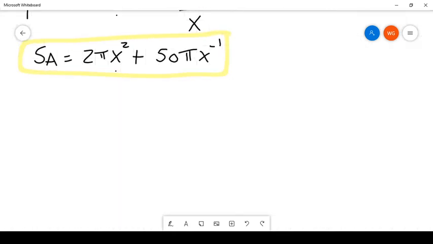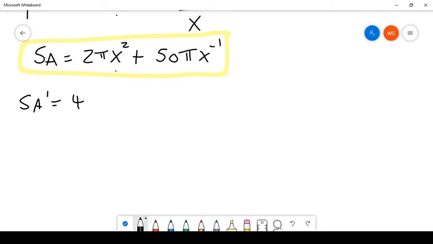Now remember, the question said minimum surface area. So this is the thing we're trying to optimize, okay? So SA prime is equal to, power rule, 4 pi x. Okay, then look at the power rule in the second part.